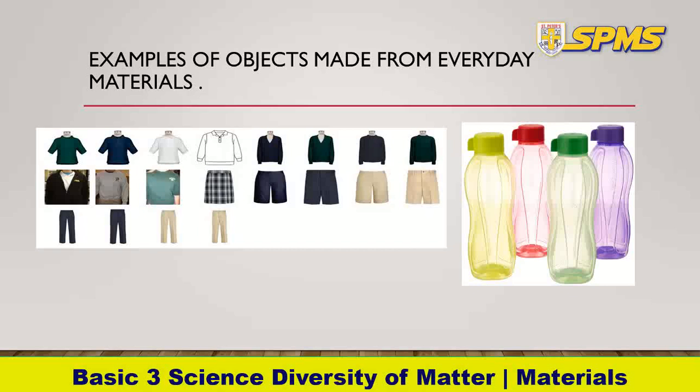We have clothes. Again, we have baskets. We have books. We can see a football and then a wooden chair. So these are objects or things that we get from materials.